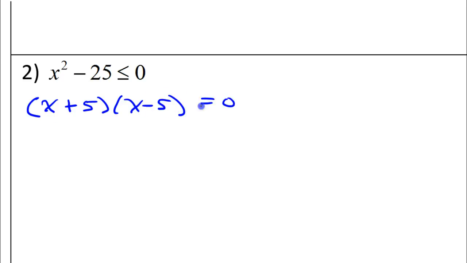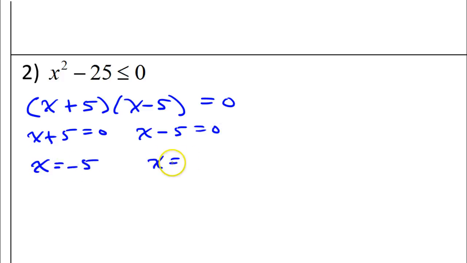And we're finding the zeros, so I'm going to just go ahead and set that equal to 0. And that means we need to set x plus 5 equal to 0 and set x minus 5 equal to 0. And that will give us x equals -5 and x equals +5. These are our critical values, which I will graph on the number line.